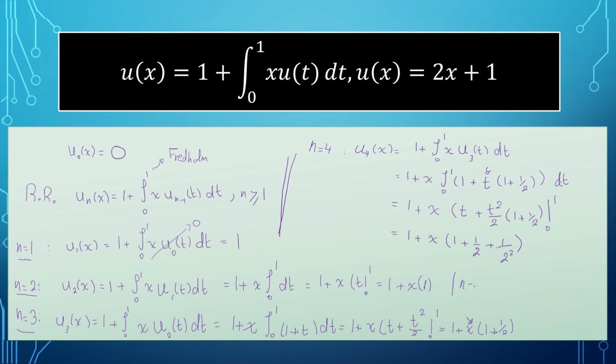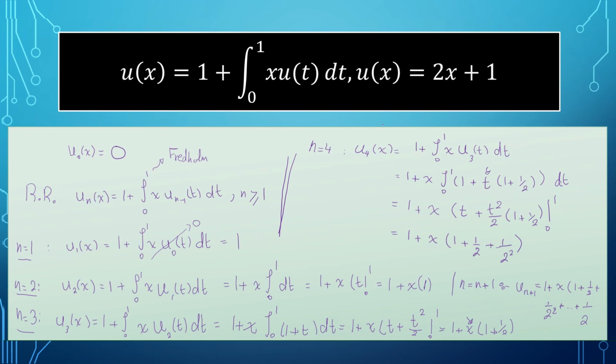When n equals n plus 1, what will happen? Un plus 1 will be equal to 1 plus x, 1 plus half, plus 1 over 2 squared, plus and so on till 1 over 2 raised to what?